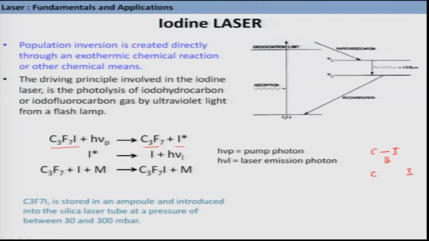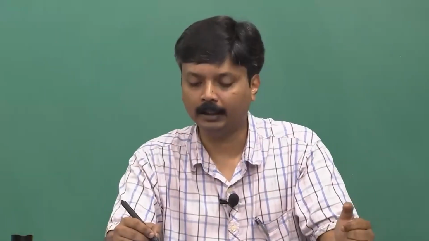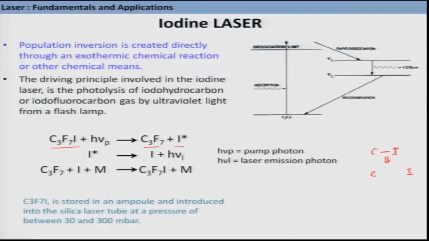The C-F bond can also dissociate, but that requires a totally different amount of energy. So the energy that is provided will break only the C-I bond, because the C-F bond needs much different energy compared to C-I. Once the C-I bond is broken, the iodine atoms can be produced either in the ground state or in the excited state.